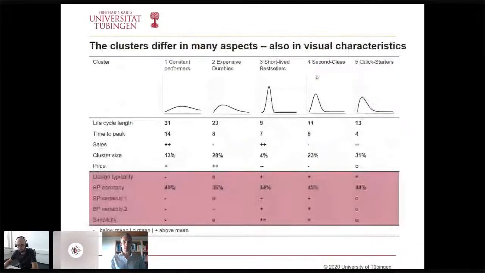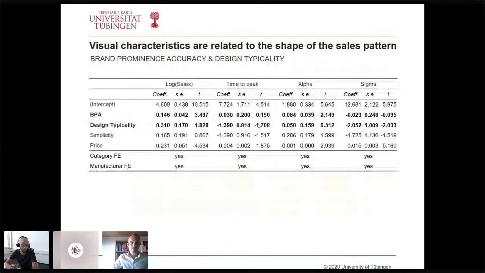So what we see here, and I think it's an important question, is that the segments, the clusters that we identify, differ in this respect. For example, here we have products with a very long life cycle, longer than 2 years, and here we have pretty short life cycles, so they differ. But what we see here in these small linear regression models is that even above and beyond the brand, the design aspects matter, because what we do in this regression is we control for the brand.